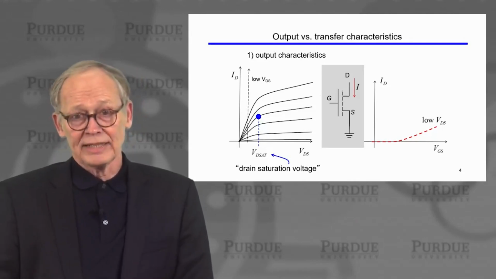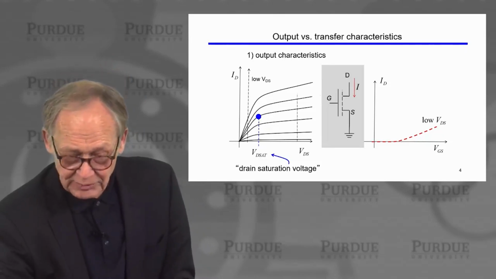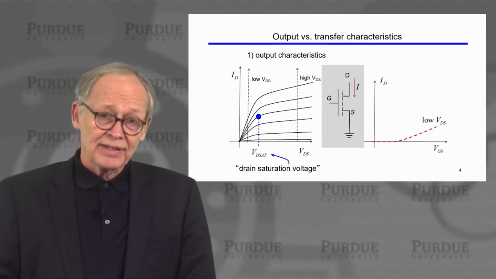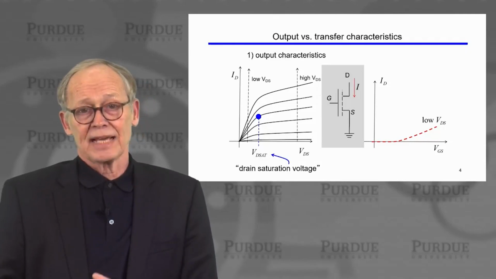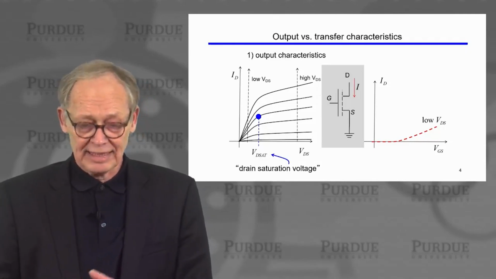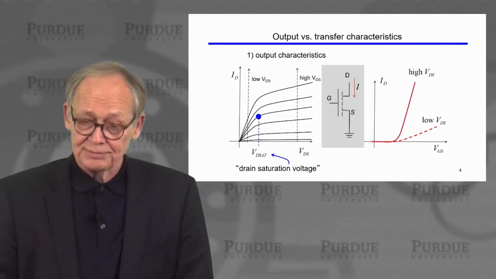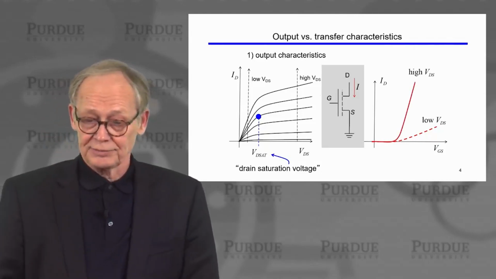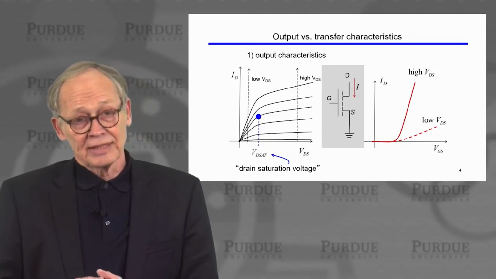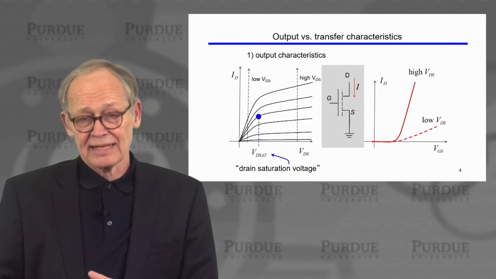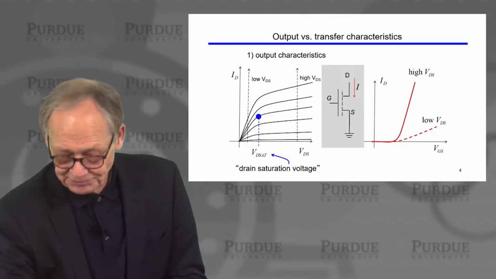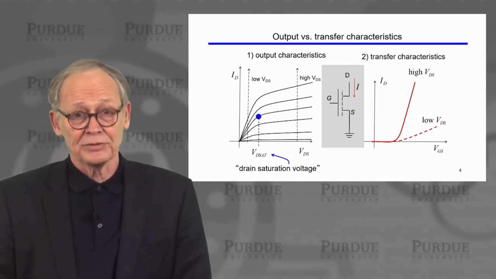If we do it at a low VDS, we get a curve that looks something like this. If we fix the drain to source voltage at a high value, then we could sweep the input voltage and we could get another curve, output current versus gate to source voltage at a high fixed VDS. That's the transfer characteristic.